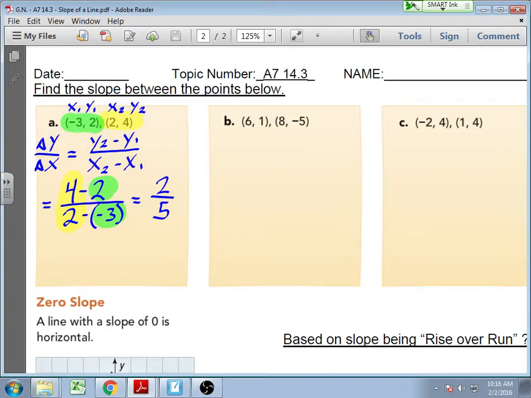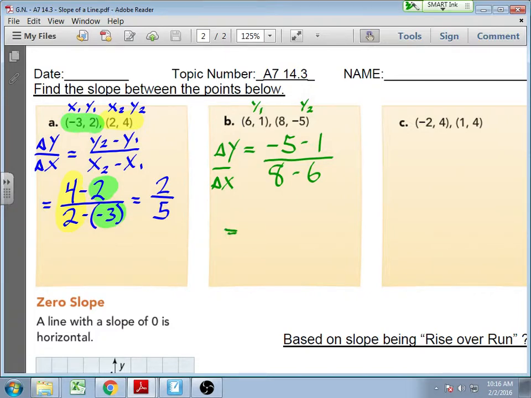So my delta y on top is the -5. She made that her y2, and my y1 is 1. So my delta x on the bottom then? 8 minus 6. Notice the 8 and the -5 are still together. The 1 and the 6 are still together. They're both being taken away.